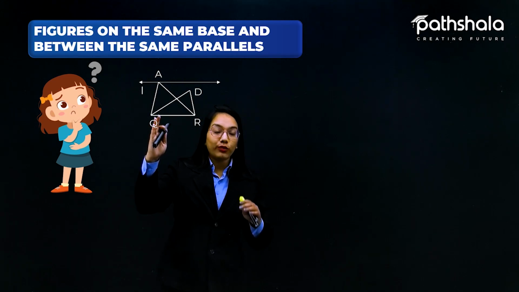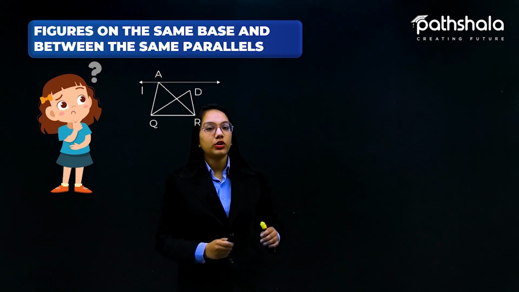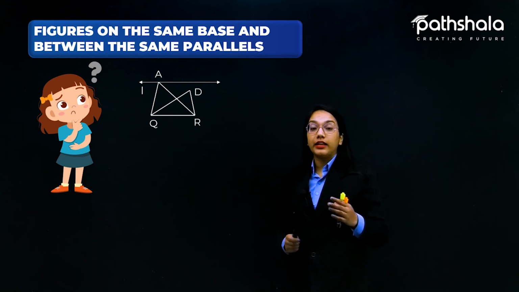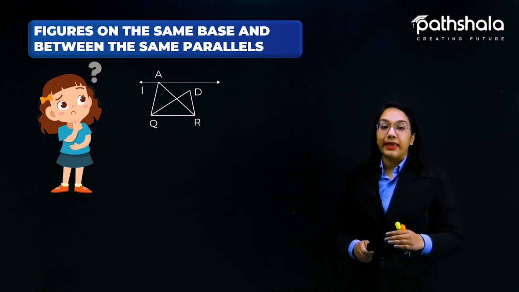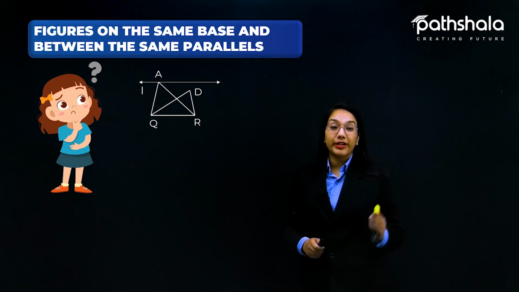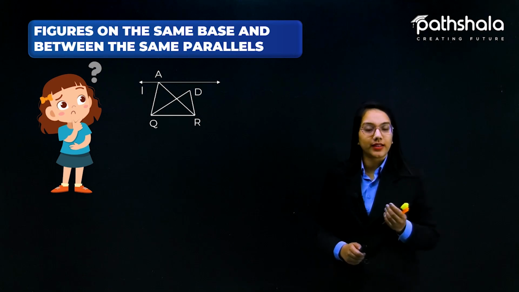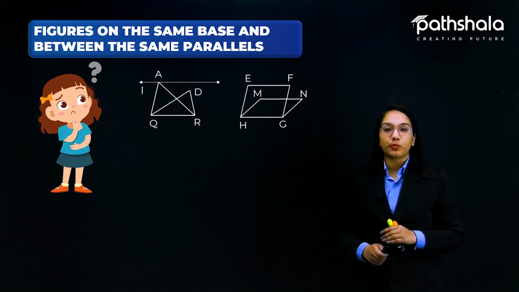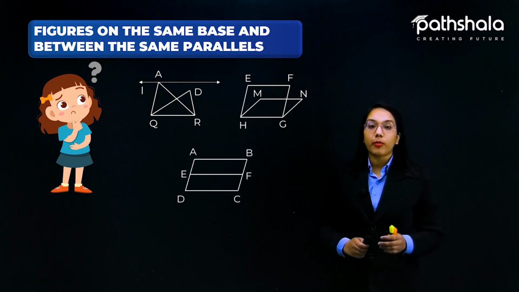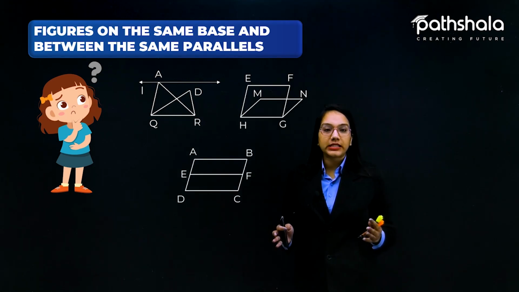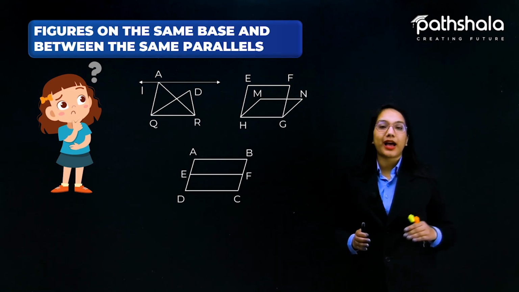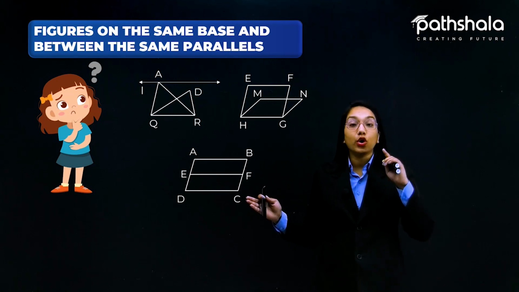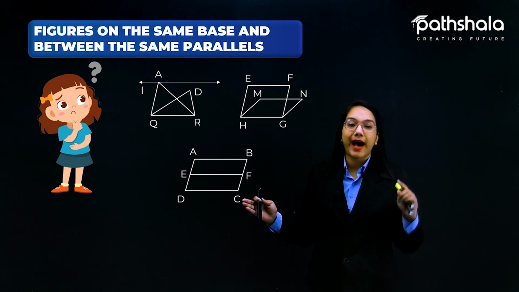So what can we conclude for this figure? We can conclude that in this figure we have two triangles, AQR and DQR, on the same base but not between the same parallels. We can see this all by ourselves. Now again, if I'm talking about this particular figure, with the same concept we can say that this figure and this figure lie on the same base but are not between the same parallels.